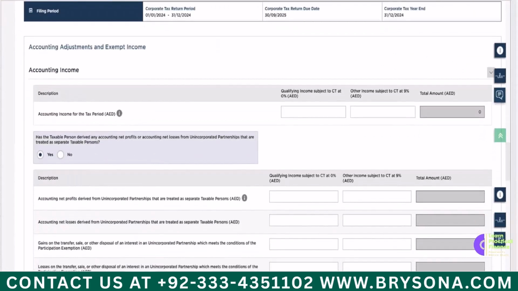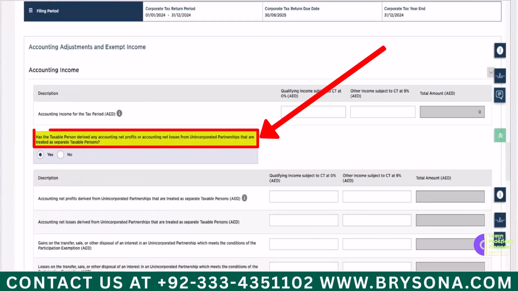After that, there is a question: has the taxable person derived any accounting net profit or accounting net losses from unincorporated partnerships that are treated as separate taxable persons in the current corporate tax return? My client has an unincorporated partnership, so that's why I clicked yes.